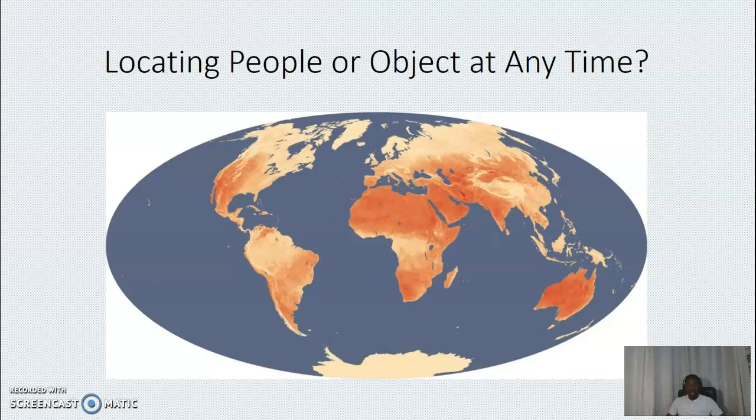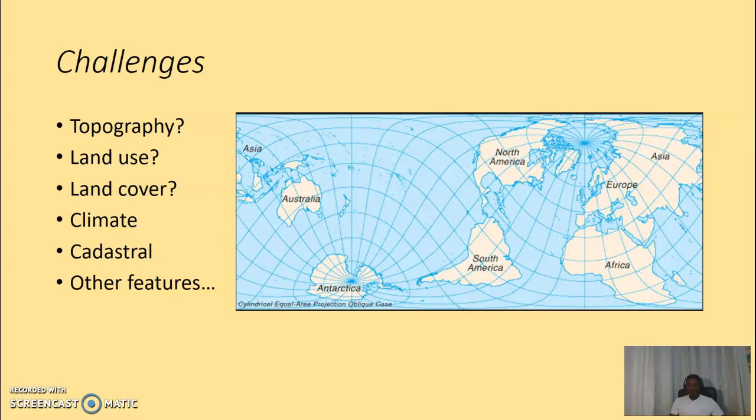But actually, we can say yes, because with the advancing of technologies and with the geographic information system, we can locate people or objects at any time of the day. These challenges on this slide are all solved with the geographic information system.